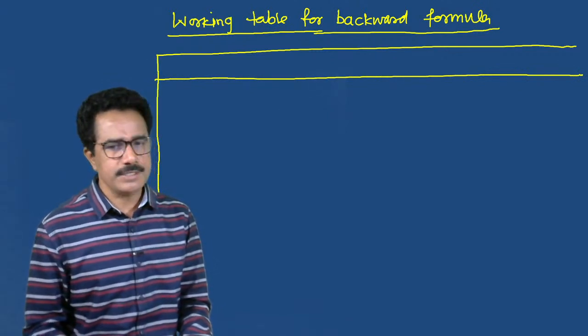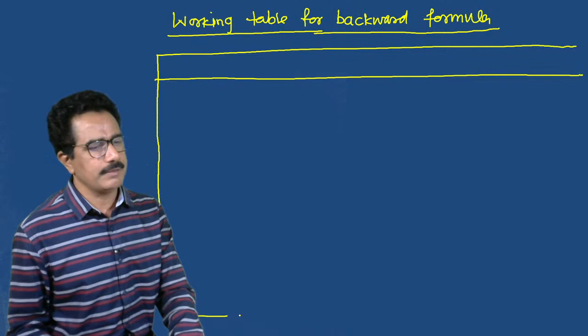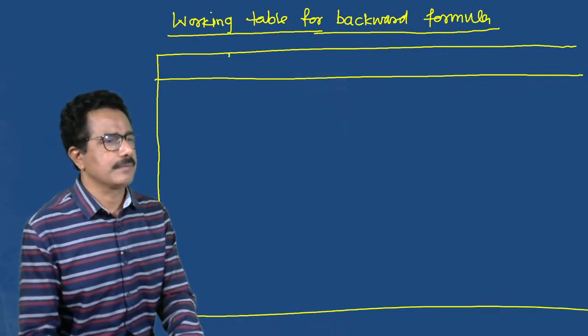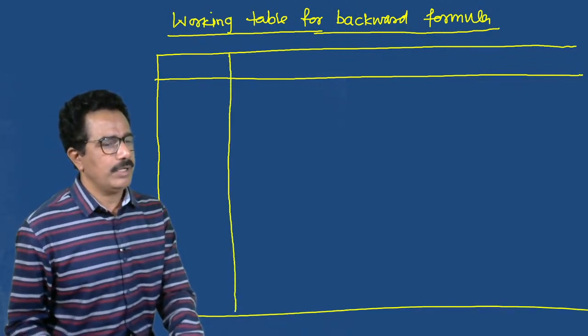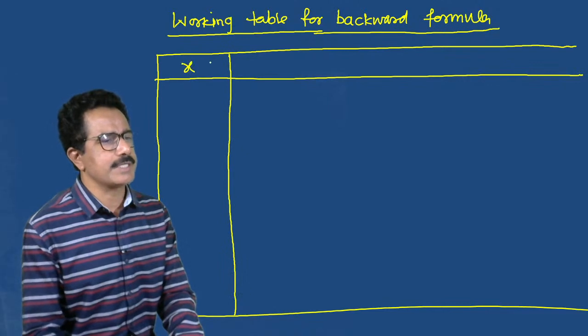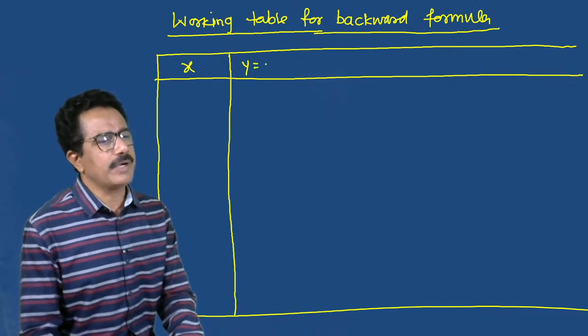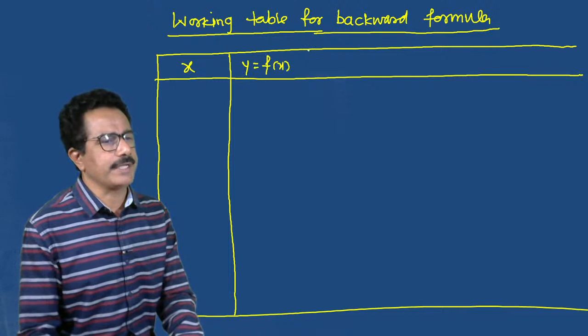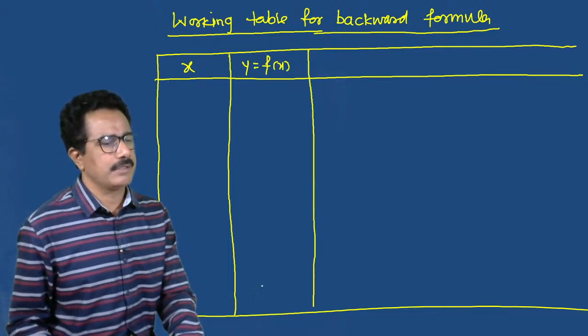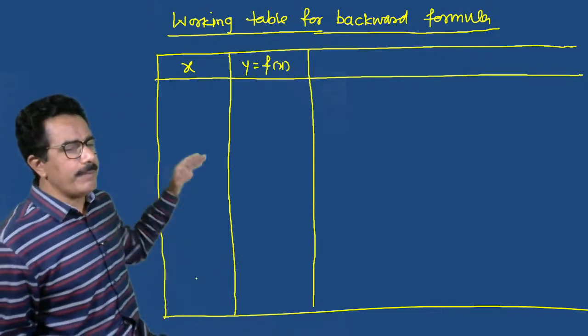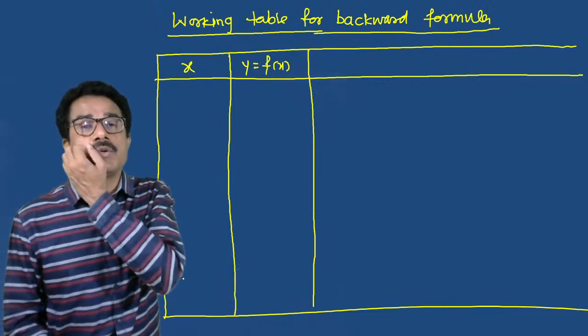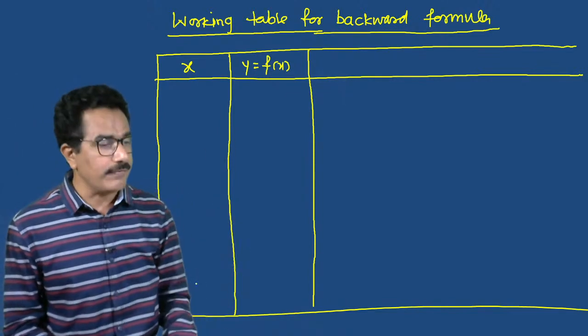Suppose we consider the backward difference table. We have to write suppose x, and y is equals to f(x). So we can write from backward means we have to find out the higher differences of last term.